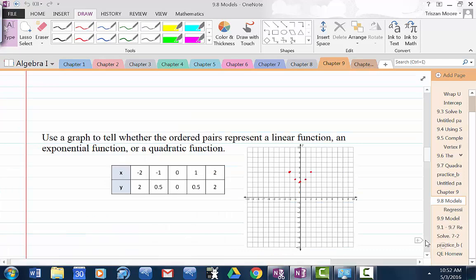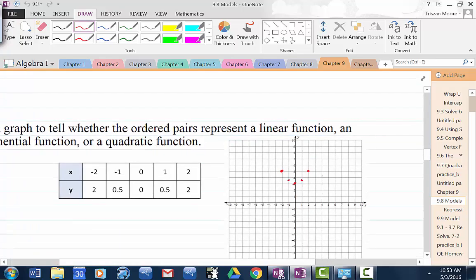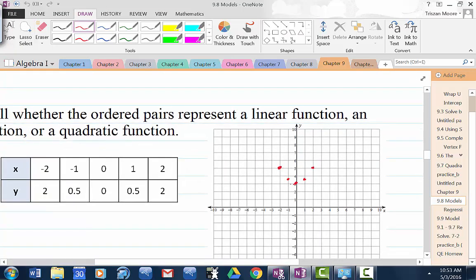Right? Another example would be using this graph right here to tell whether it represents a linear function, exponential function, or quadratic function. Now I plotted the points already. And as you can see, with the points plotted, it kind of follows a parabola in a way. So if it follows a parabola, you know that this follows a quadratic function.